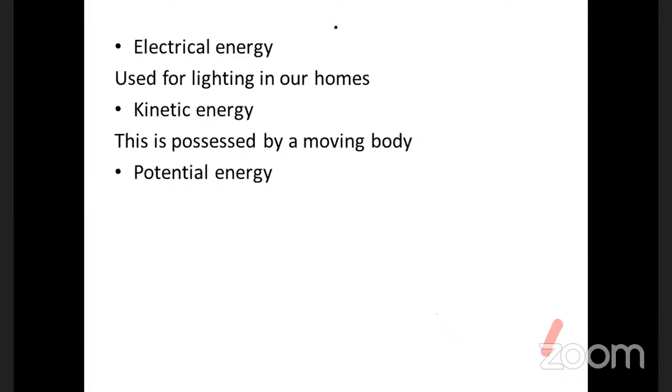What is potential energy? Potential energy is the type of energy possessed by an object at rest. I want Alicia and Joel to put it in a different way. Potential energy is the energy by virtue of the object's position relative to other objects.